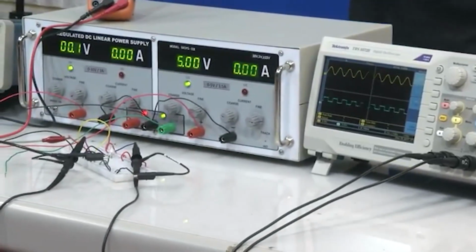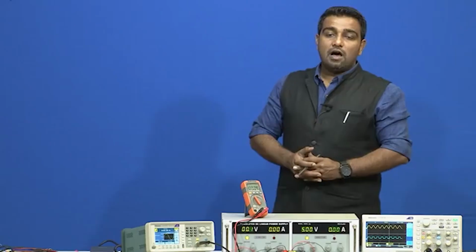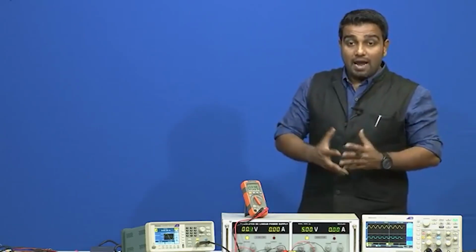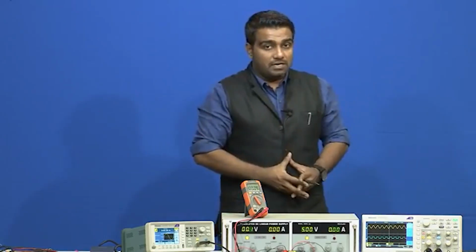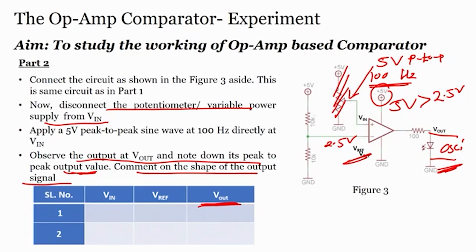So, in this particular exercise, what we have seen is that we can use an op amp as a comparator. Then we have seen that when we apply V in greater than and less than V reference, how the comparator operates, and finally we have seen that when we apply a 5 volts peak to peak sine wave, the output voltage will result in a square wave, right.